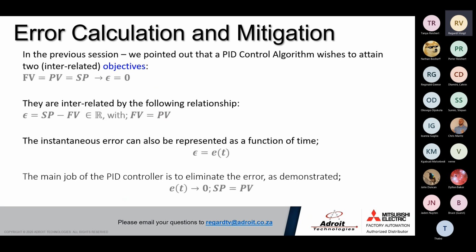The difference between those two variables will be your error. As long as your error is 0, your PID block will be happy and the objectives are achieved. Now there are a couple of methods in achieving this objective, and we'll be discussing that throughout this webinar.